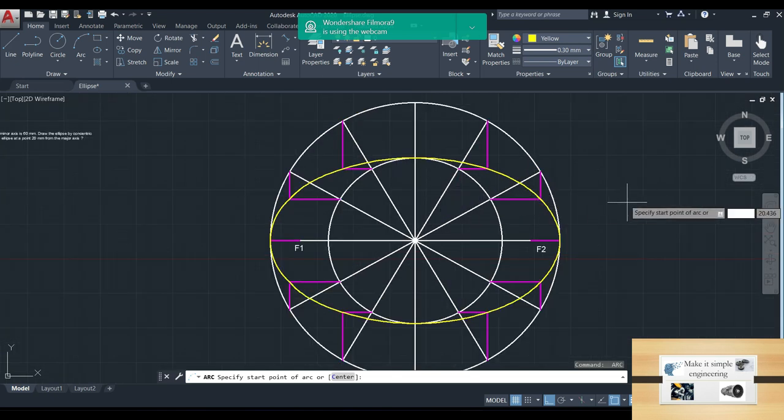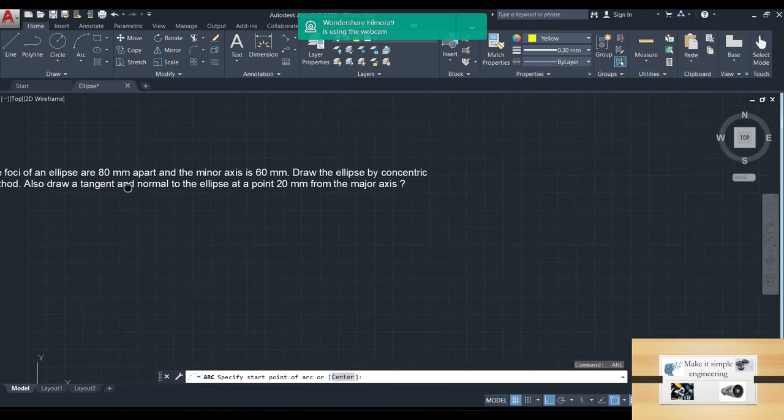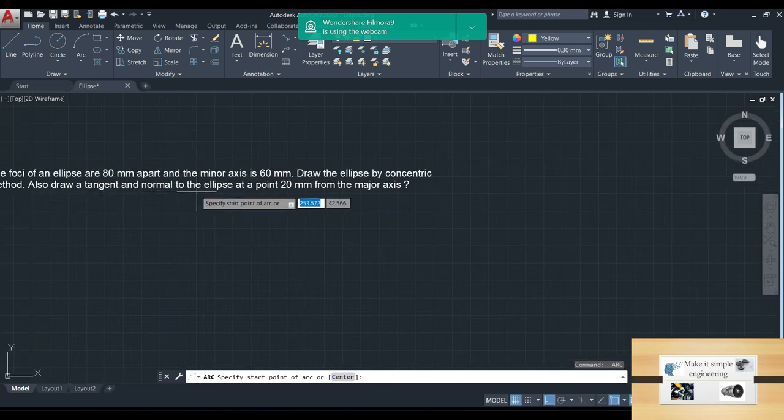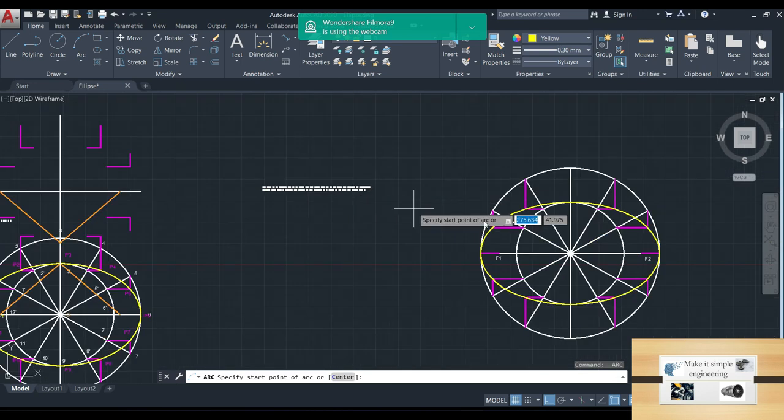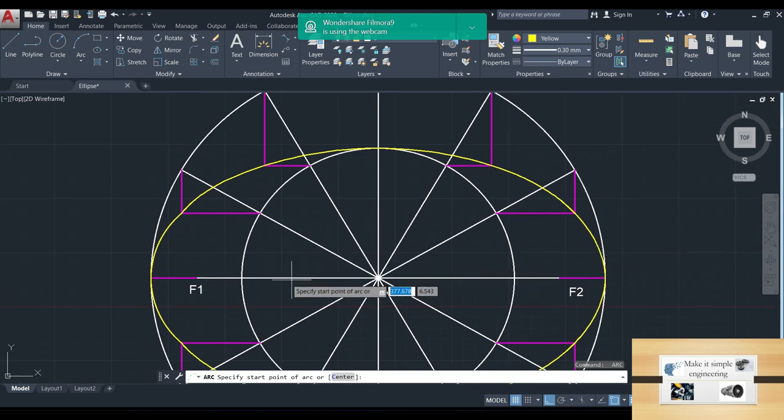So after this step we have to draw the tangent and normal to the ellipse at 20 mm from the major axis. So this is the major axis. We have to draw tangent and normal at 20 mm from the major axis. So we have to draw a line initially.